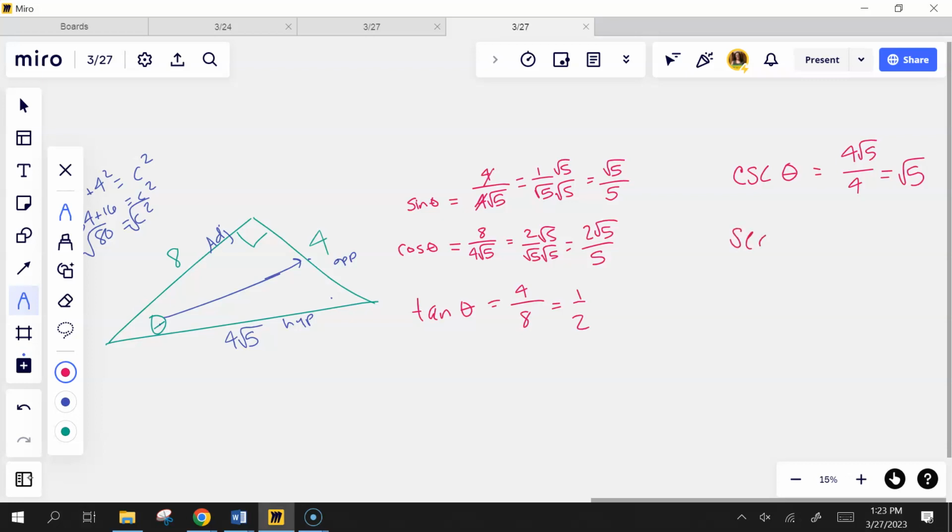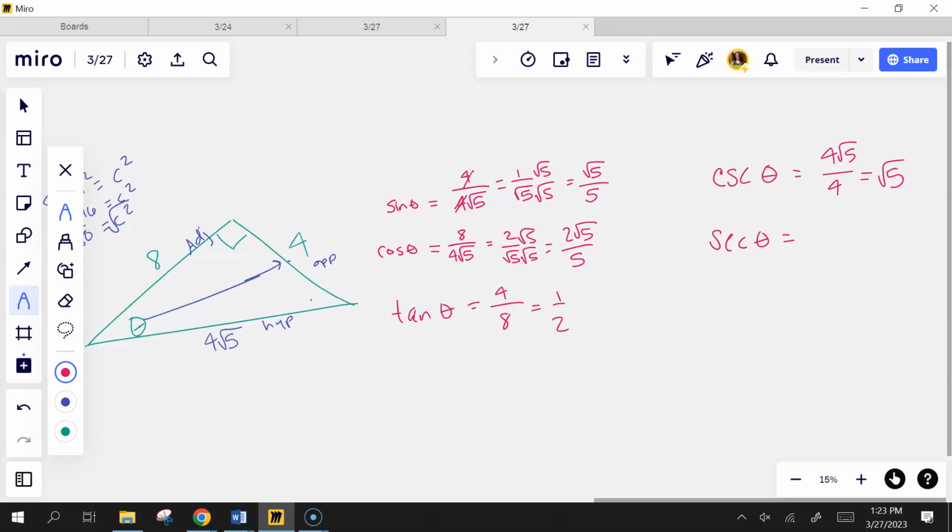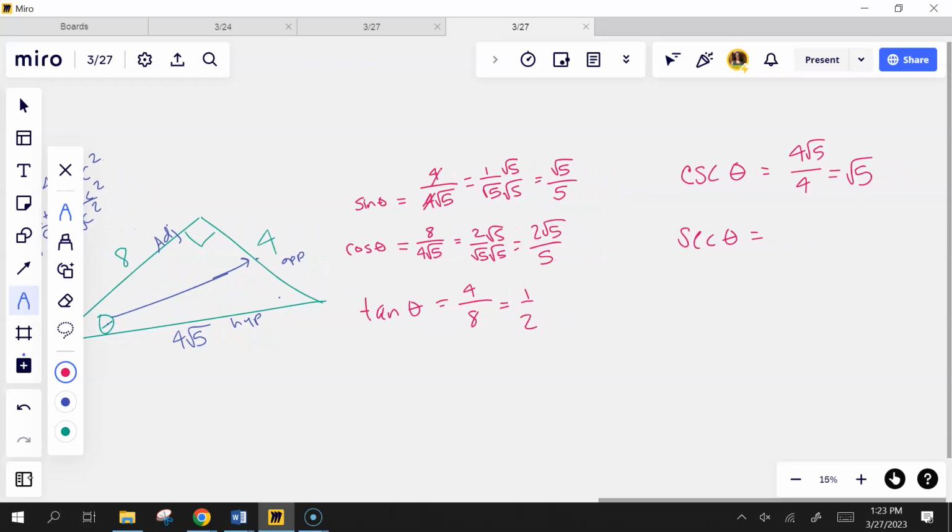All right, how about the secant? Is that SEC or SEC. Again, since I had to rationalize the bottom, I'm going to flip the original version. 4 root 5 over 8, so square root of 5 over 2.